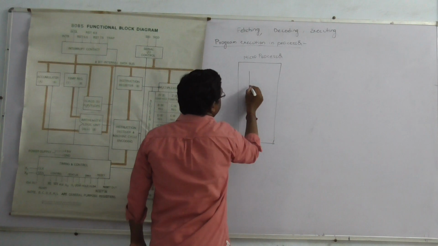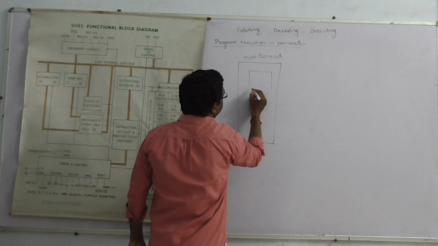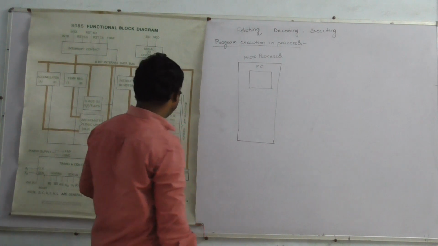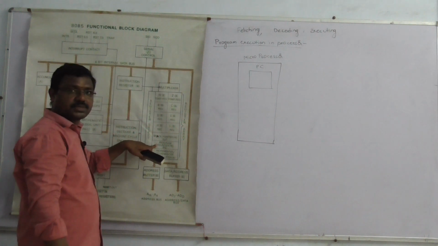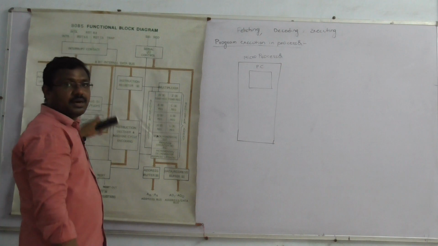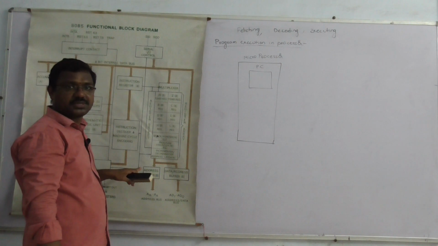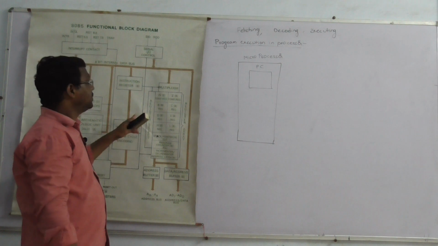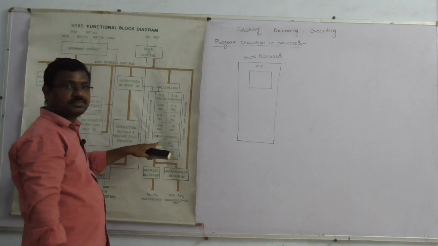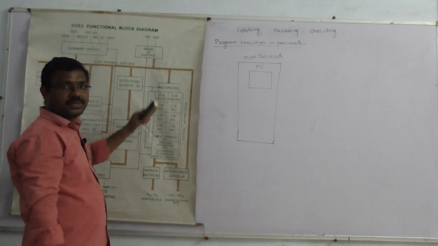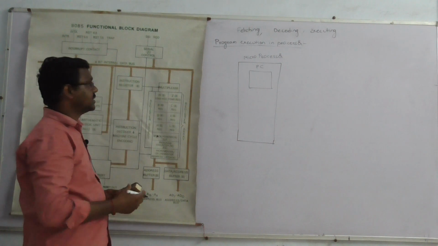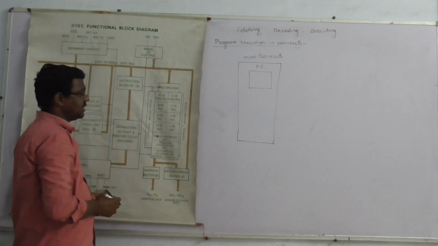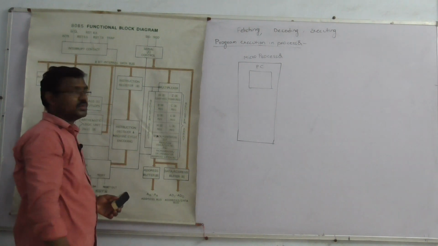A microprocessor consists of a program counter. This is the architecture of the 8085 microprocessor. The 8085 consists of registers: accumulator register, B register, C register, D register, E register, H register, L register, stack pointer and program counter.